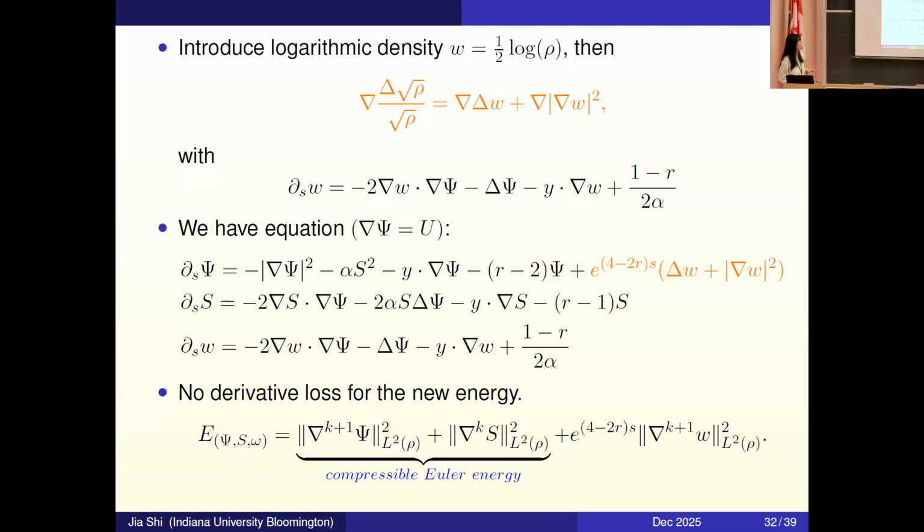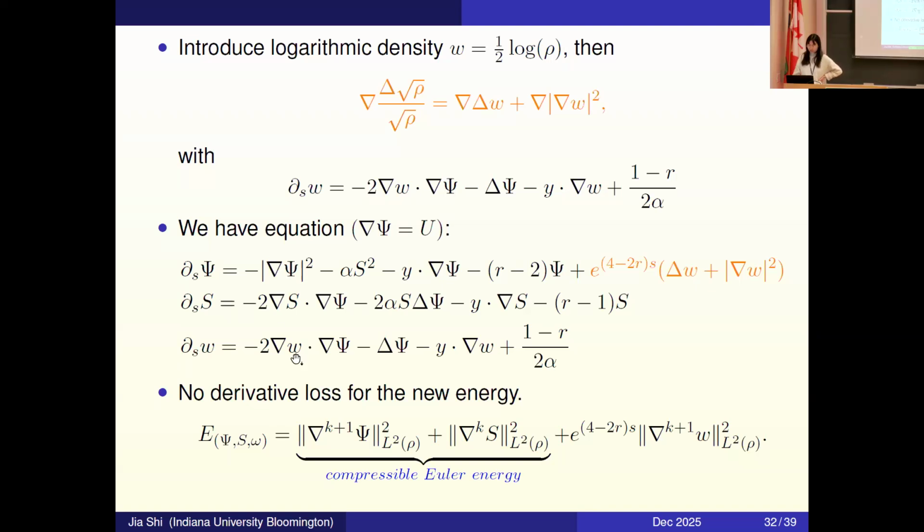You have to fix this weight, and this weight will give you no derivative loss. The first 2 terms are just the compressible Euler energy, the homogeneous HK of U and HK of S. And the last term is the correction term for the defocusing nonlinear Schrodinger. And if this K is equal to 1, this is the H1 Sobolev norm, the conservation law of the Schrodinger equation.